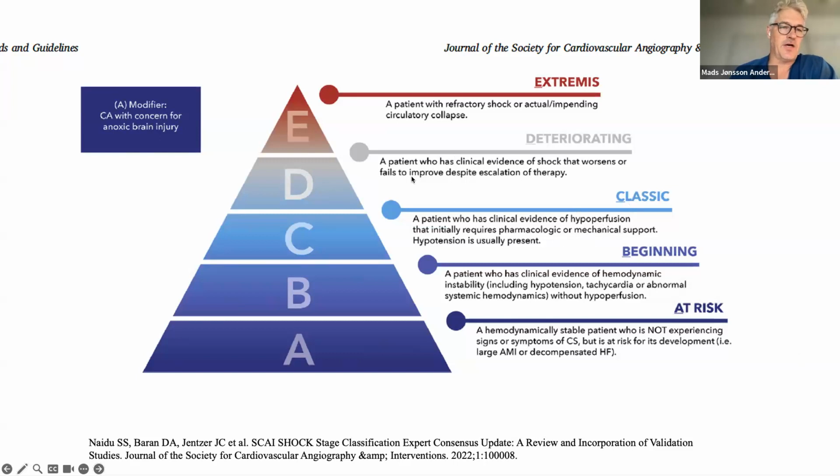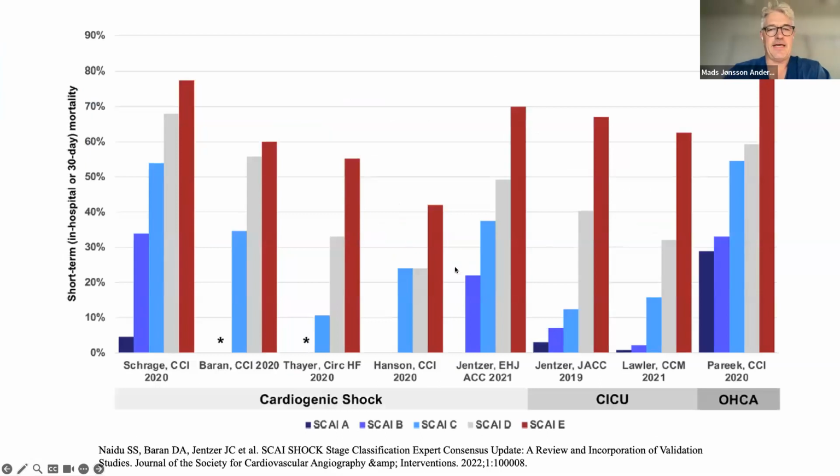And at the very top, we have the patient in extremis, stage E, which is actual or impending circulatory collapse. And these stages actually show prognostic value, as you see in this figure from the SCAI shock stage consensus document, and it shows short-term mortality as a function of the different stages in different studies.